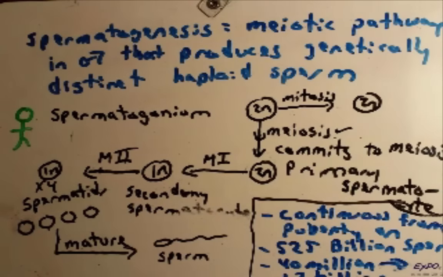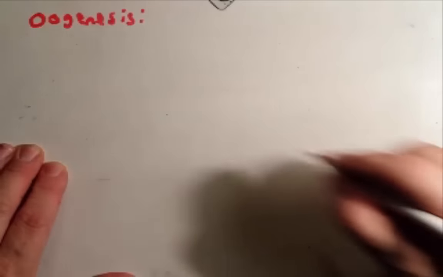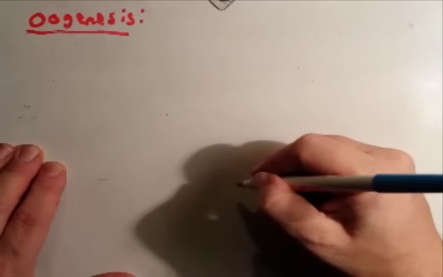Alright, the next thing I want to talk about is oogenesis. And in talking about oogenesis, we're going to point out some differences between that process and the process we just talked about, spermatogenesis. Okay, so let's talk about oogenesis. And we'll give it a short definition here.